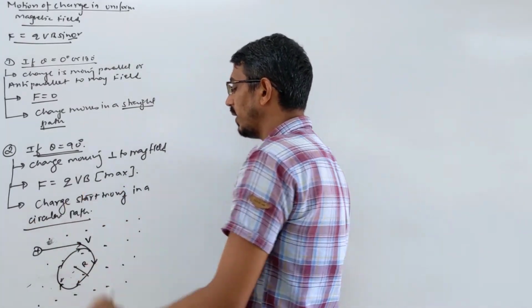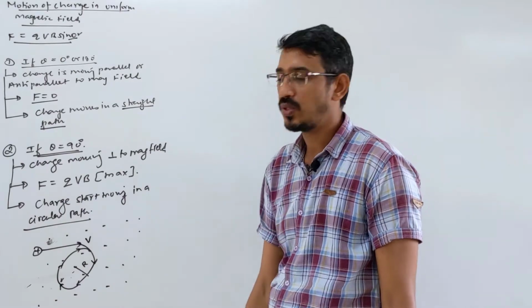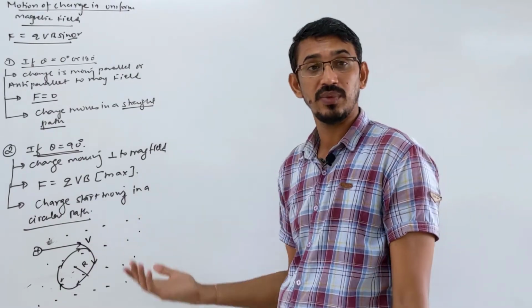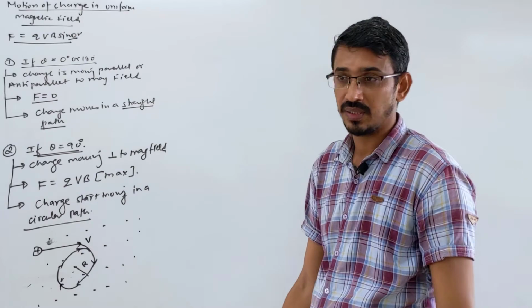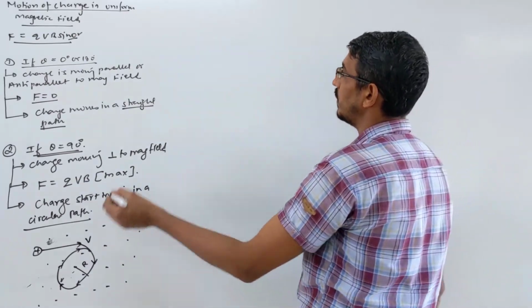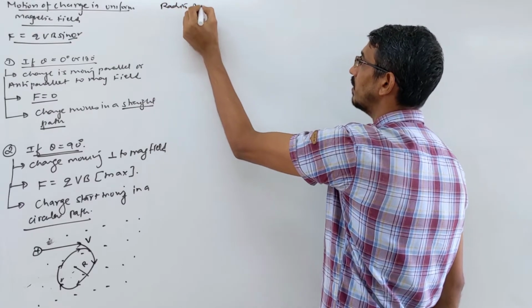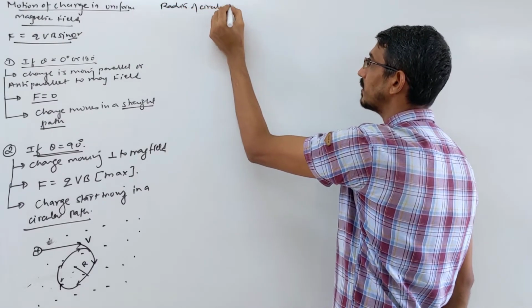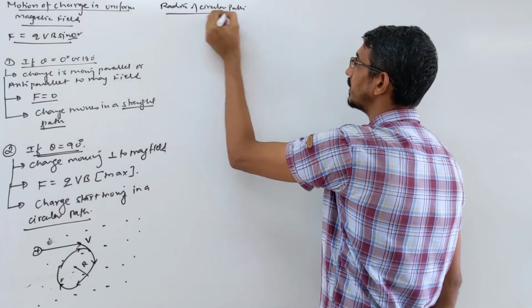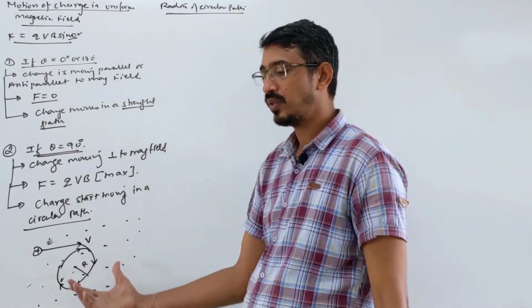Very, very important. Here we have some numerical things. We want to calculate the radius of this path, the velocity, and the time period. First, the radius of the circular path. Now listen here, two forces are acting.